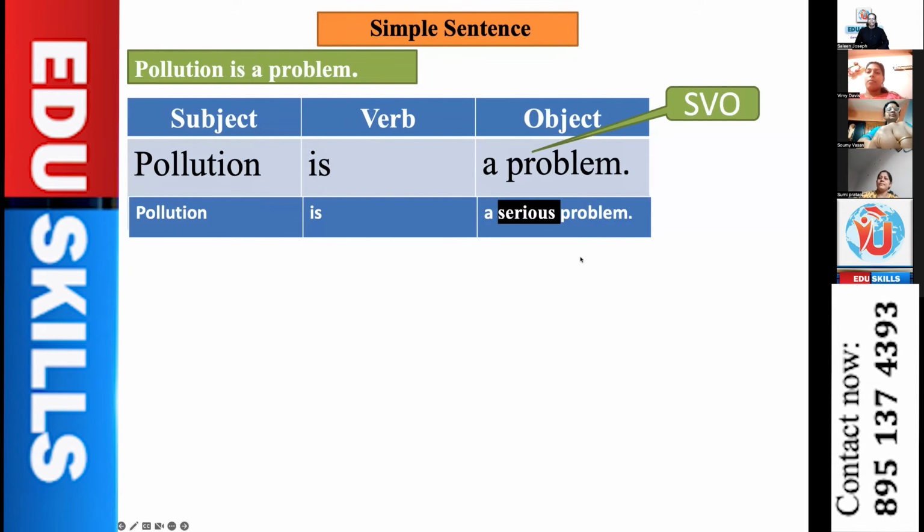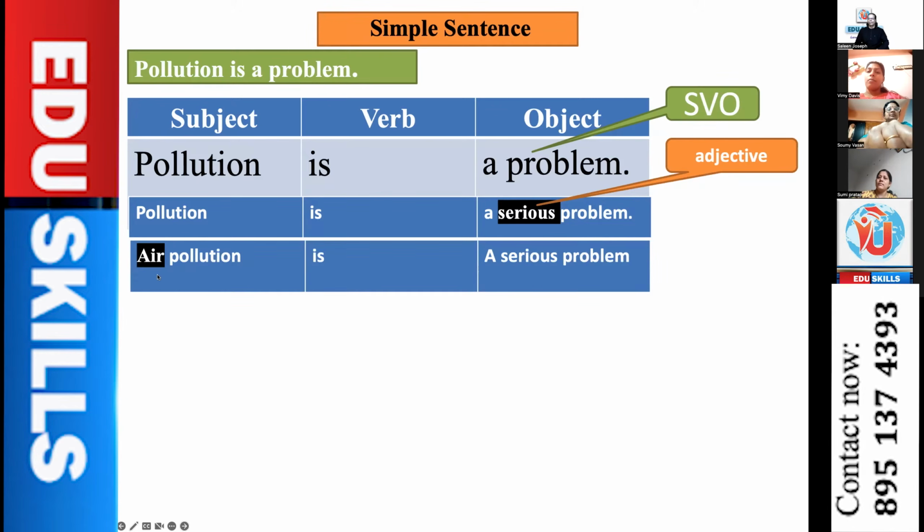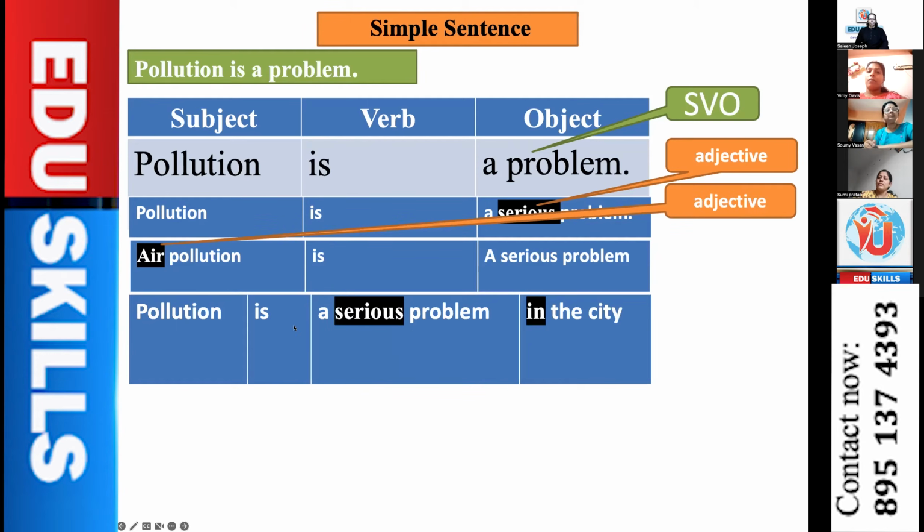Now, pollution is a serious problem. You can add an adjective here, so it becomes even longer. Or you can make it air pollution, adjective here. Air pollution is a serious problem. Then, pollution is a serious problem in the city.